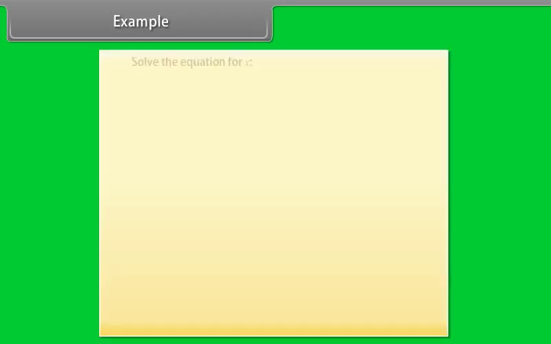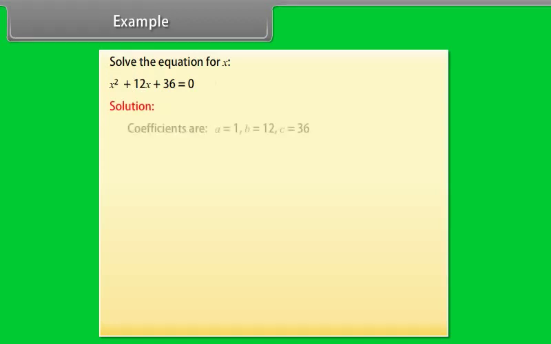Example. Solve the equation for x. x² + 12x + 36 = 0. Solution. Coefficients are a = 1, b = 12, c = 36. D = b² − 4ac.